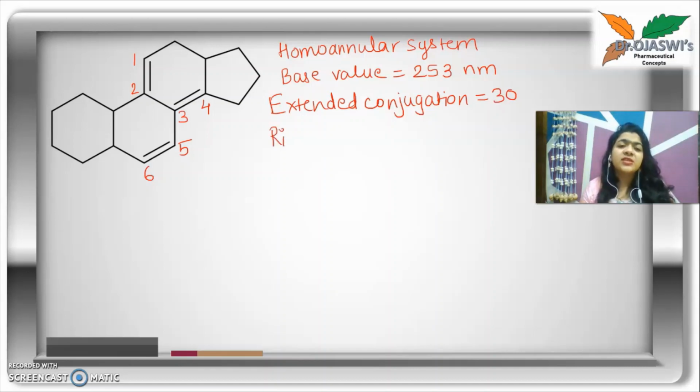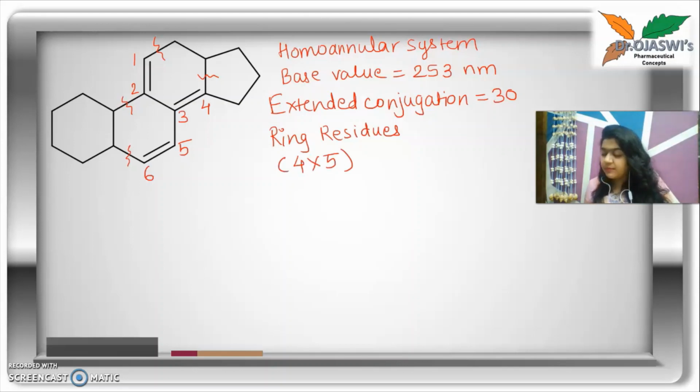Then the next step has to be identifying ring residues. So what are the ring residues here? See what is there on carbon number 1, carbon number 2, on 3 nothing is there, but on 4, yes, on 4 there are 1, 2, 3, 4.